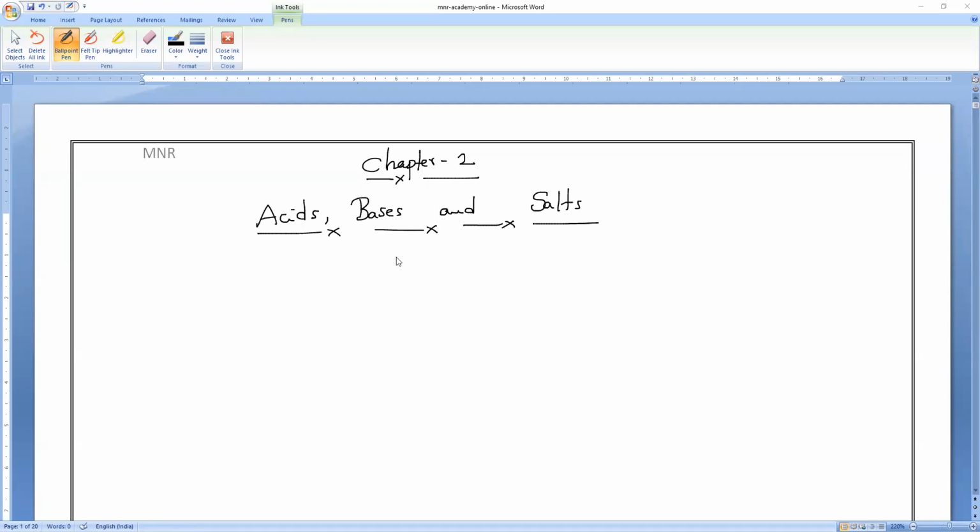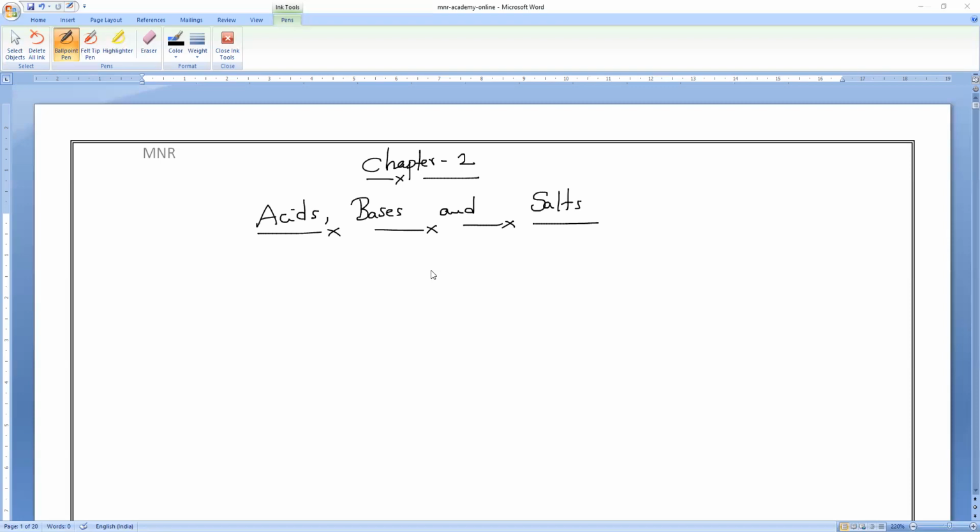So we have come across many compounds, of course, many chemical equations, many chemical products, reactants. So many things we have done in our chapter 1, chemical reactions and equations.